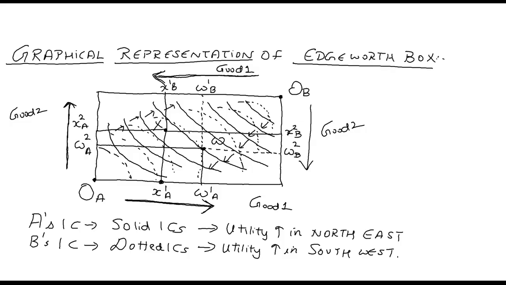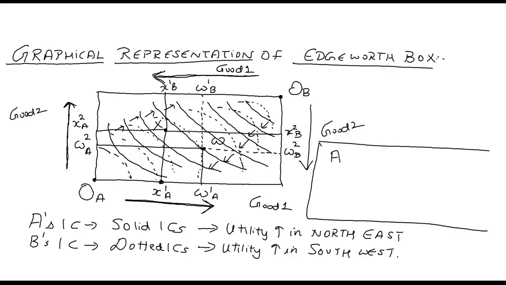Clearly, what can we see? If I talk about agent A, if you remember the buying and selling chapter from semester 3 of micro, you can recall that agent A is consuming less than his endowment.